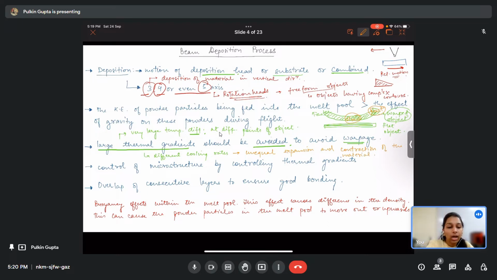Okay. Now, because of this unequal expansion and contraction, what happens is at one point the material has contracted fast and at another point it hasn't. So it will distort the geometry. So where this is slow, suppose here it is having slower dimensional change, but here the cooling rates are fast. So it will have faster contractions.